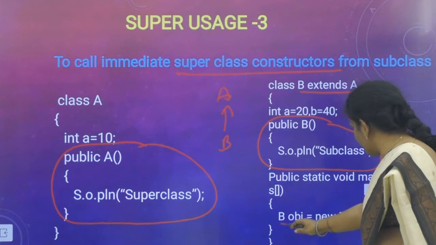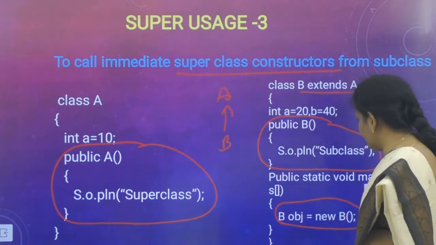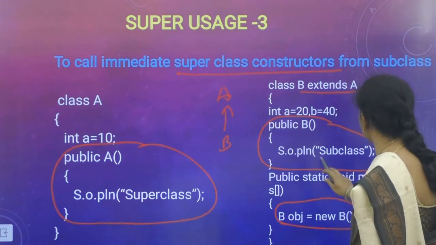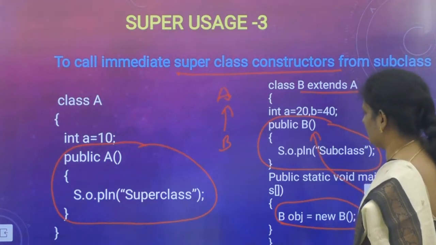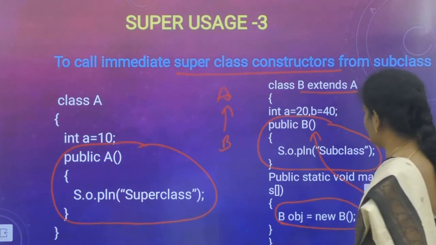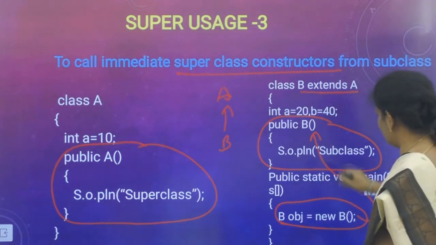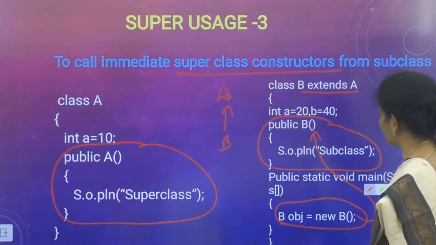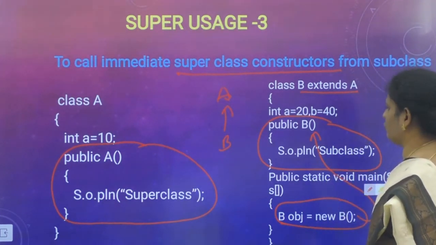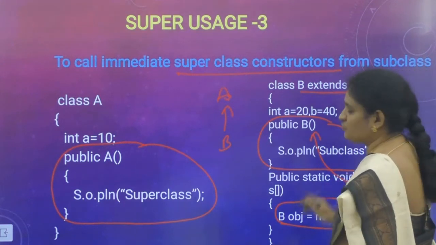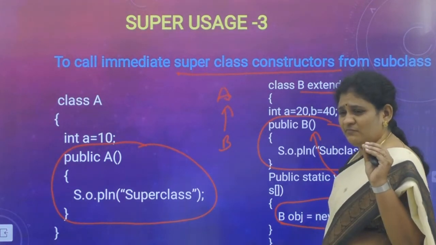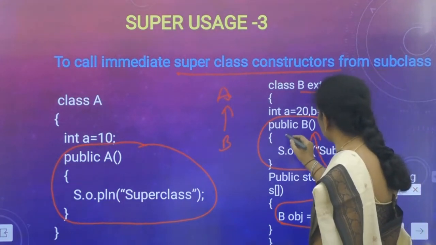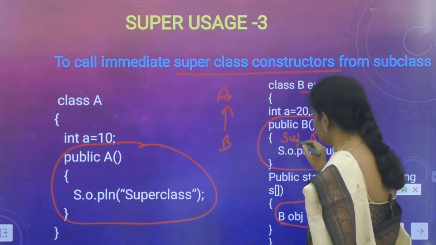When I try to create an object for class B, whenever the object gets created, the corresponding constructor will get called here. Inside the constructor, there is only one statement, that is system.out.println subclass. So what is the output of this program? Students, please listen carefully.